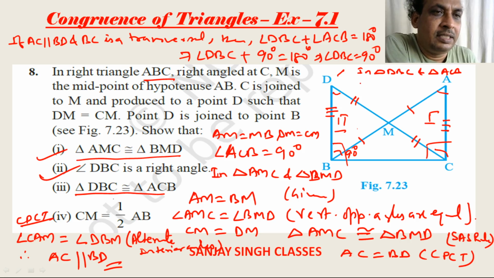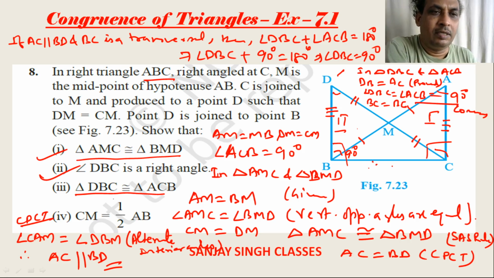Why? Because DB is equal to AC, proved already. Similarly, angle DBC is equal to angle ACB, which is 90 degrees each, and BC is equal to BC, common.